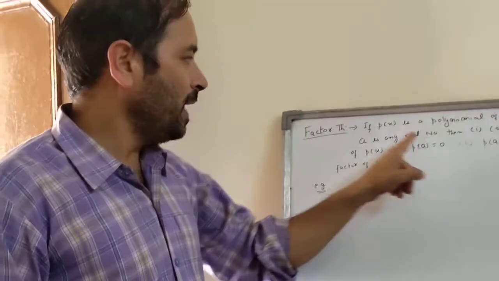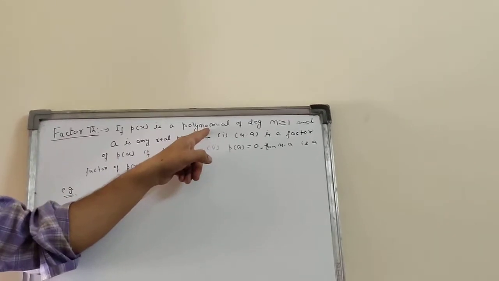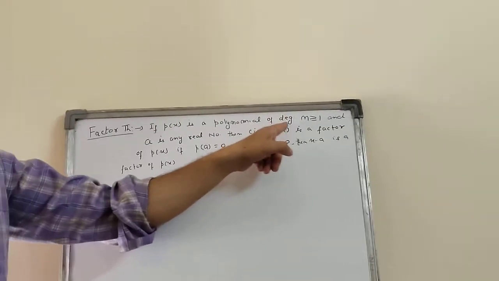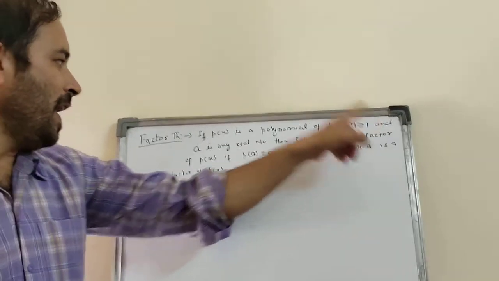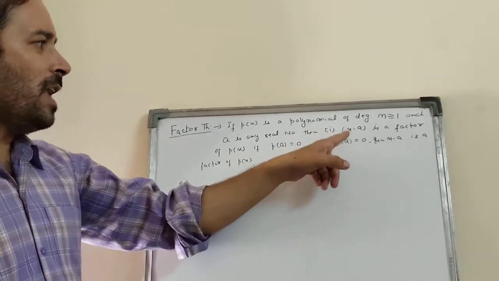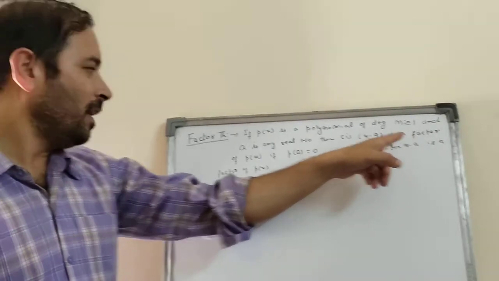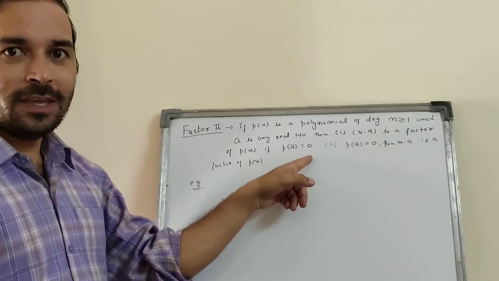Again repeating, p(x) is a polynomial which is already given, of degree n greater than or equal to 1, and a is any real number. Then x minus a is a factor of p(x) only if p(a) is equal to 0.